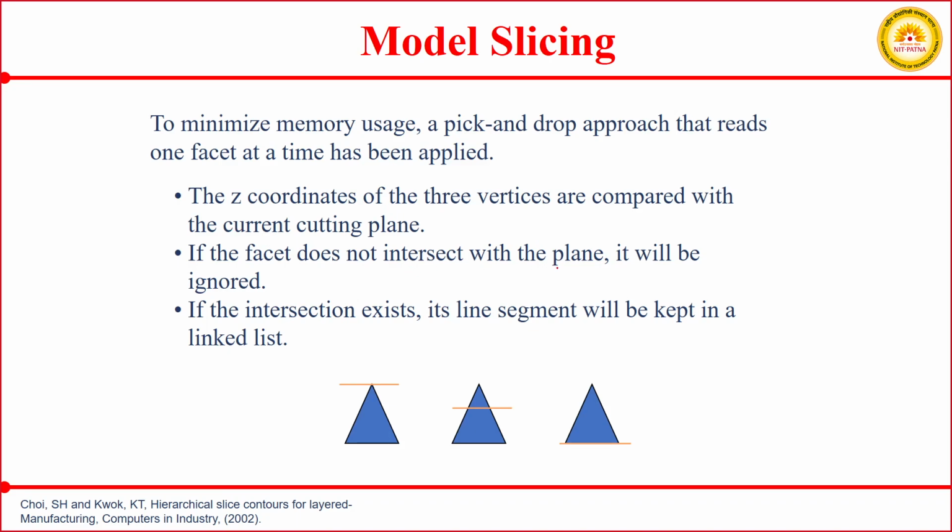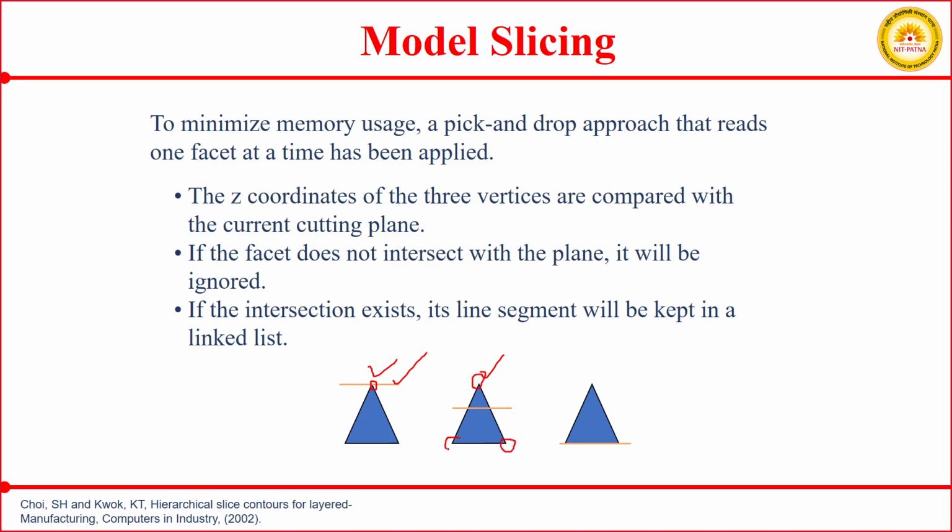So yes, the case may be like this. First case, your cutting plane or slicing plane may pass exactly through one of the vertices. The second case is your slicing plane is not passing through any of the vertices, but it is slicing the two surfaces which are connected by the remaining two vertices.